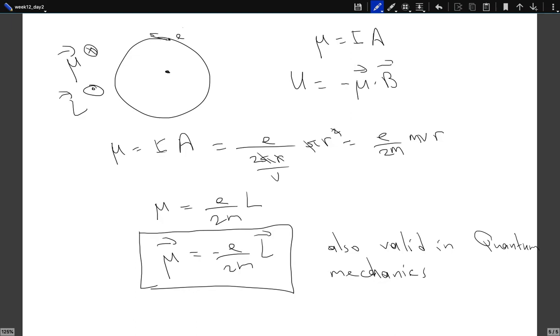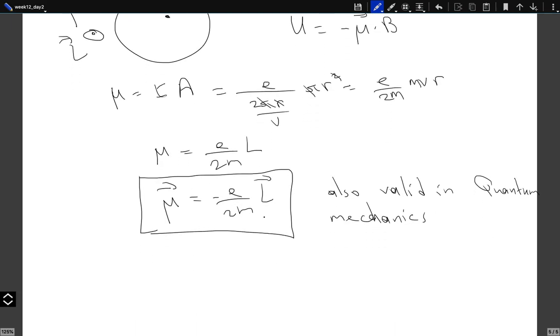The magnetic dipole moment operator is the angular momentum operator multiplied by this number, and that number is what's called the gyromagnetic ratio. So now the potential energy of this system is given by e over 2m L dot B.